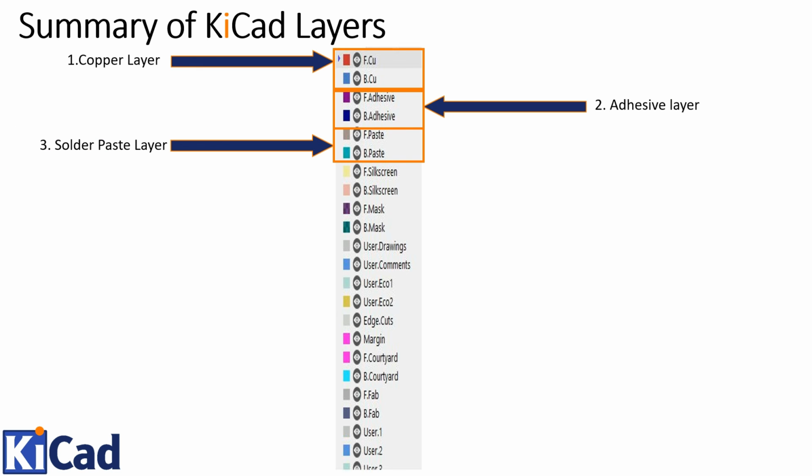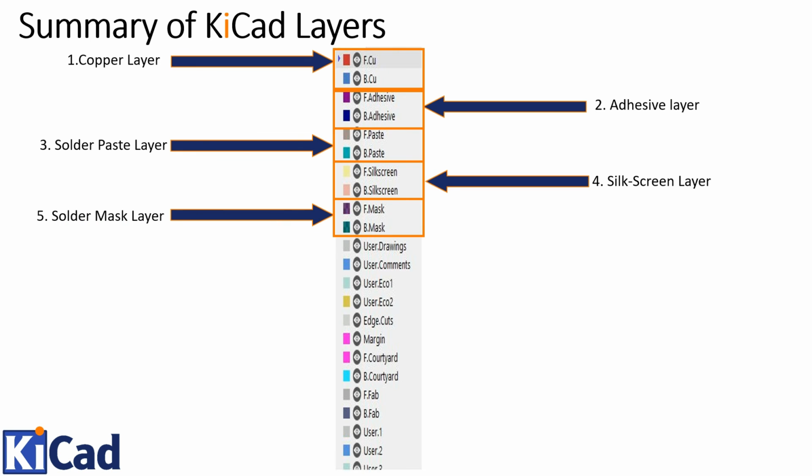Then there is a solder paste layer. This is the layer which specifies where the solder paste should be applied onto the PCB. Then we have silk screen, that helps us to identify the component with the help of reference designator. You can even add text to specify some test points, etc. on the silk screen.